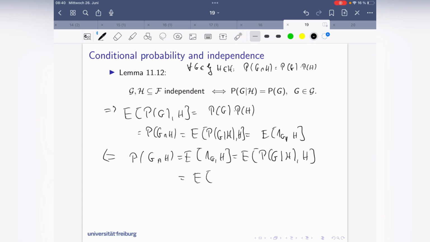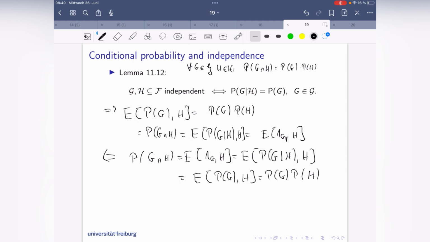Then I have the expectation of P(G) on the set H. Now again, P(G) is a constant which I can pull out of the expectation, and the expectation of the indicator of H equals P(H), and I'm done.